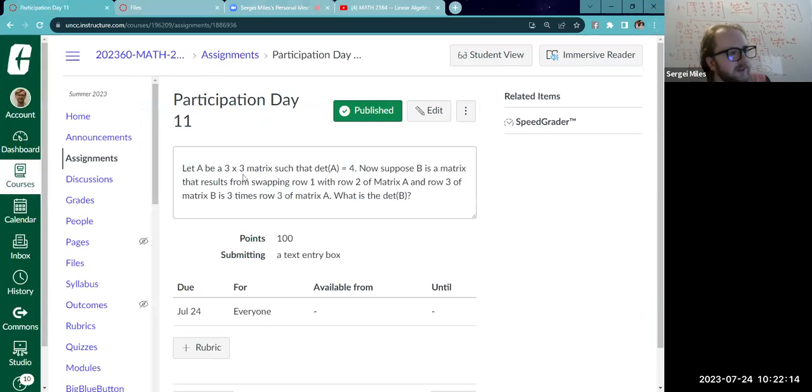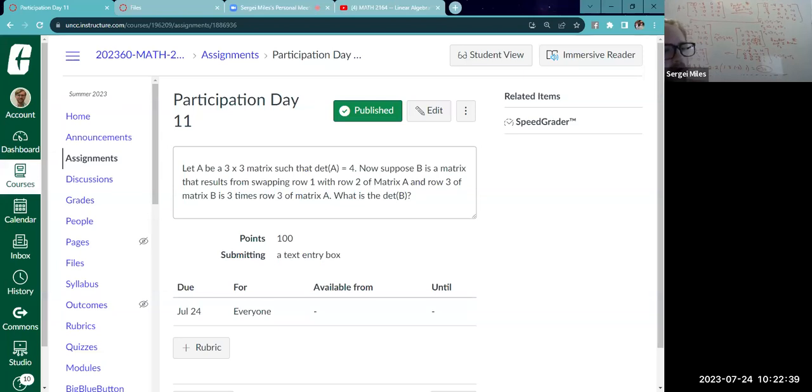So we're told, let A be a 3x3 matrix, and we're already told its determinant is 4. All right. Now, suppose B is a matrix that results from swapping row 1 and row 2 of matrix A. So we swap rows. That automatically means the determinant of B has a flipped sign, right? So it's the opposite sign for the determinant of A. All right.